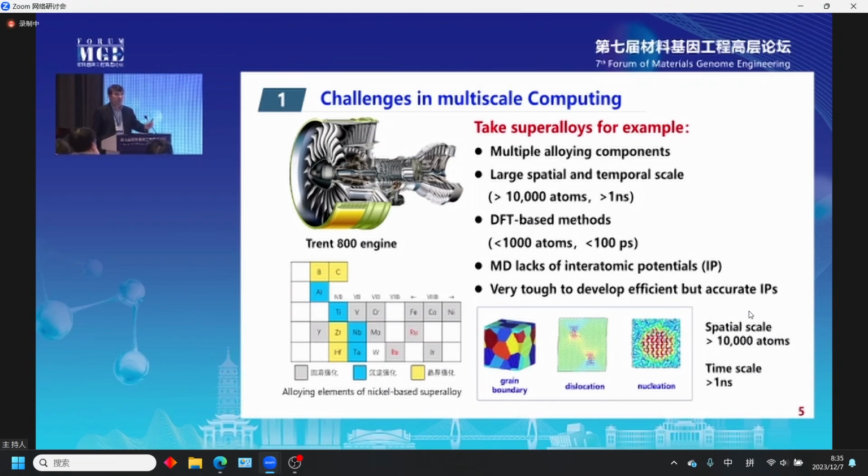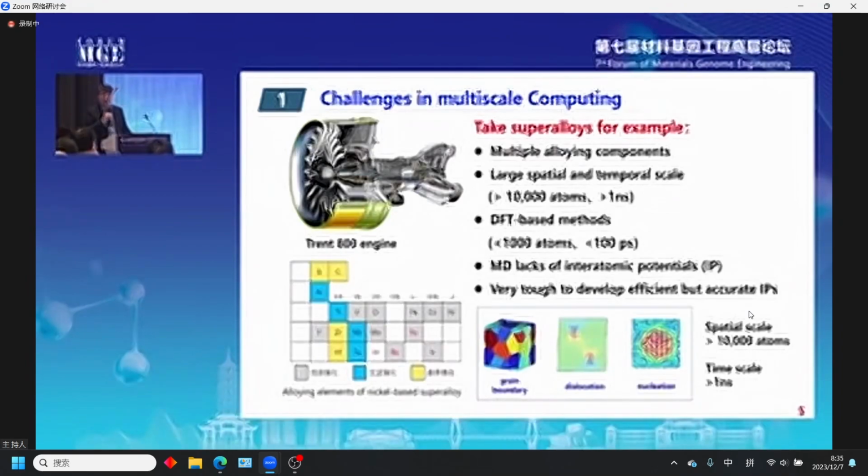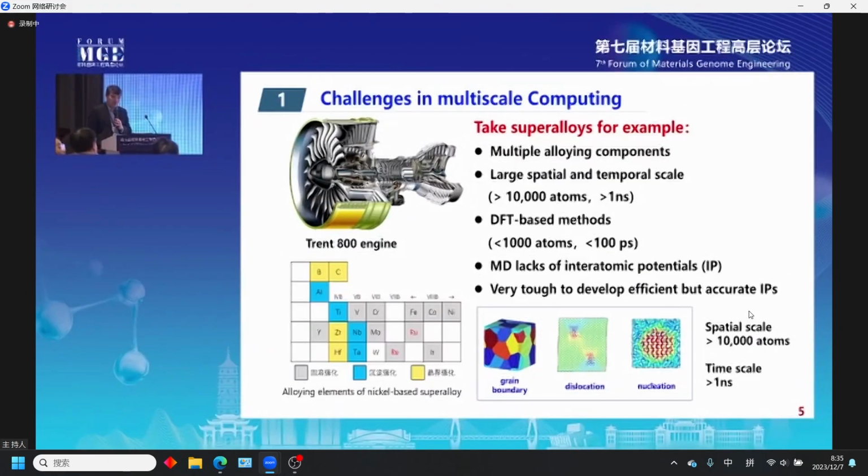So during the past 40 years, people tried to use molecular dynamics and these kinds of things, relying on interatomic potentials. But it's very tough to develop efficient and accurate interatomic potentials.